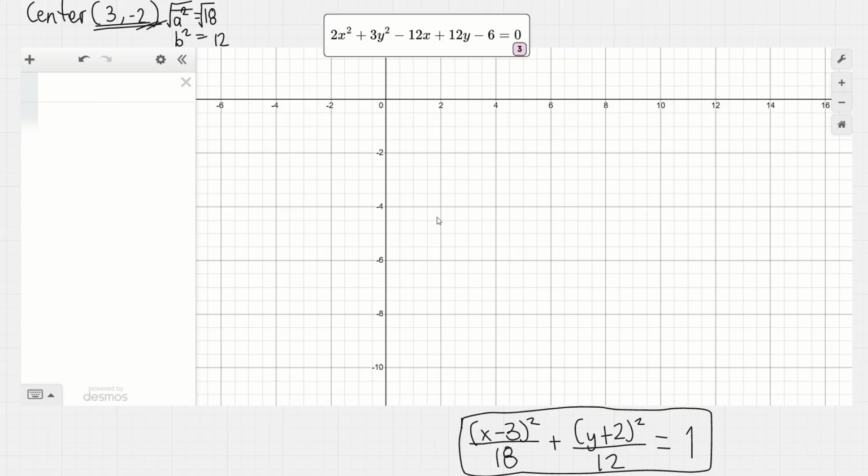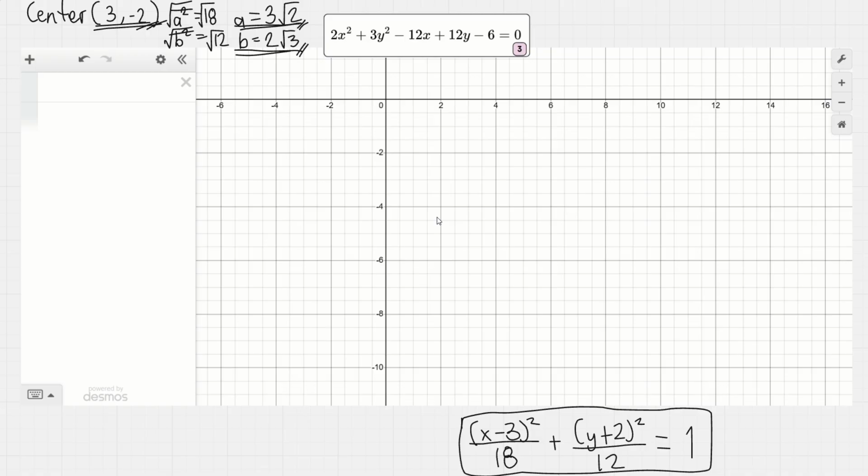We are getting a equals 3 square root of 2. So this is our a value. Now let's try to get the b value. Let's square root both sides. So b equals square root of 12, which will be 2 square root of 3. So this is our b value.